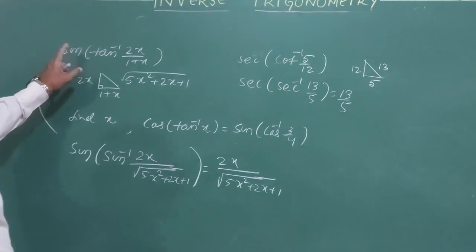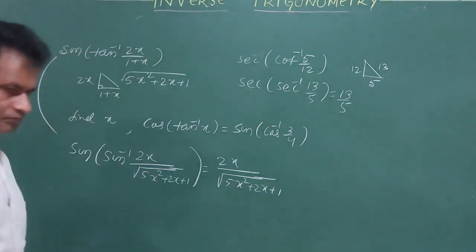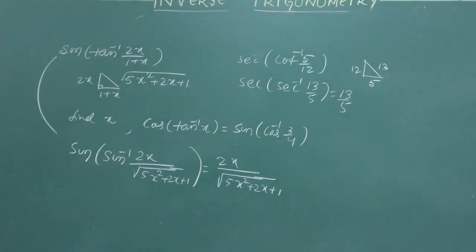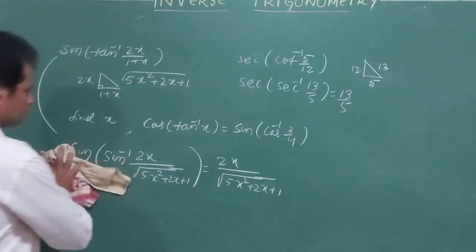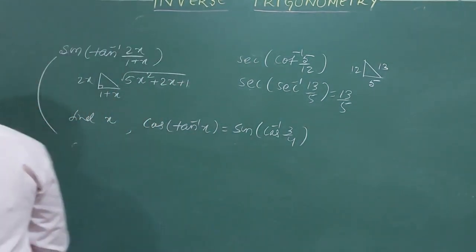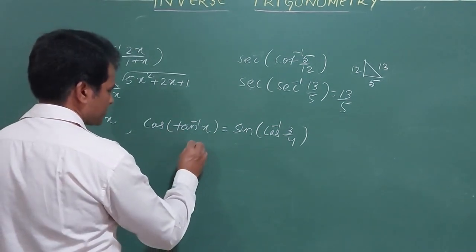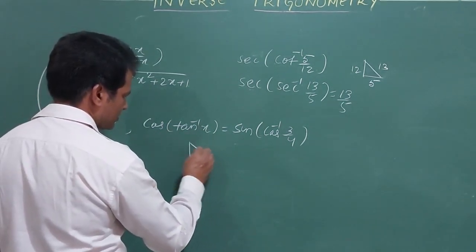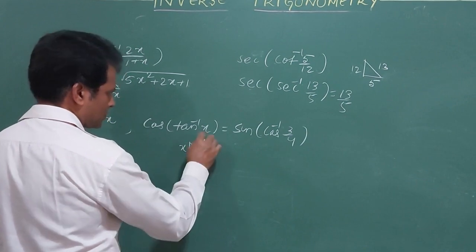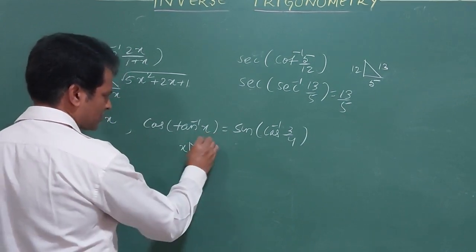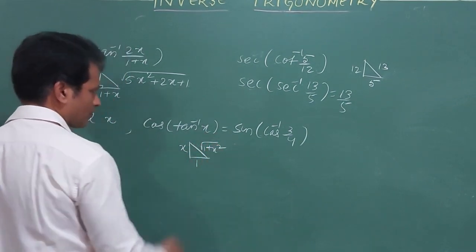Let's solve this question now. This one. Cos of tan inverse x: perpendicular x, base 1, hypotenuse root of 1 plus x square.